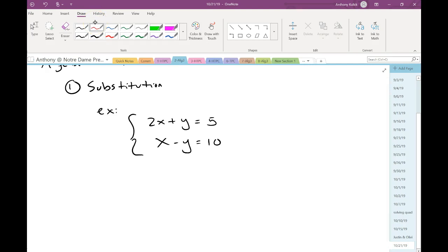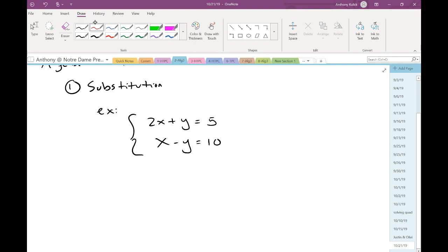Okay. So right now I have two equations with two variables. Everybody can see that? What I would like to do is change this into a situation where I have one equation with one variable, because that's something we can solve very easily. Everybody okay with that idea?